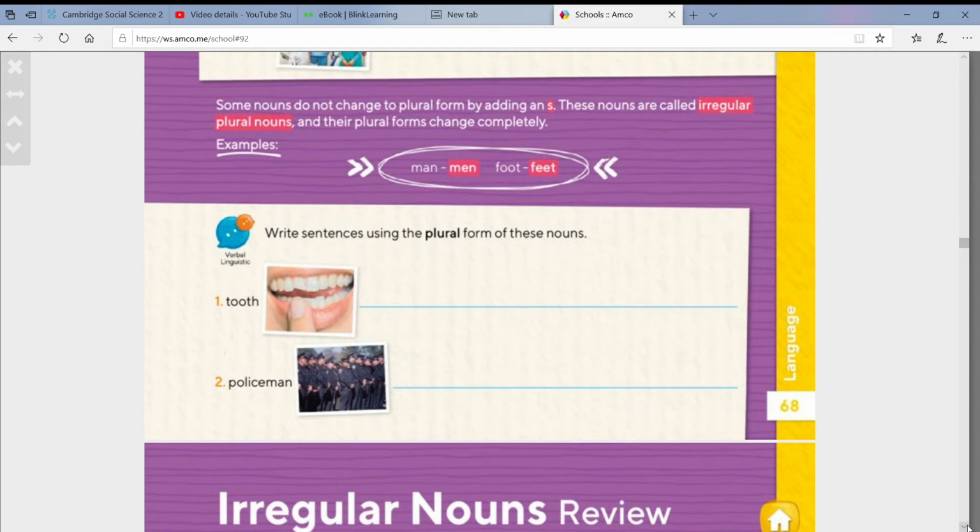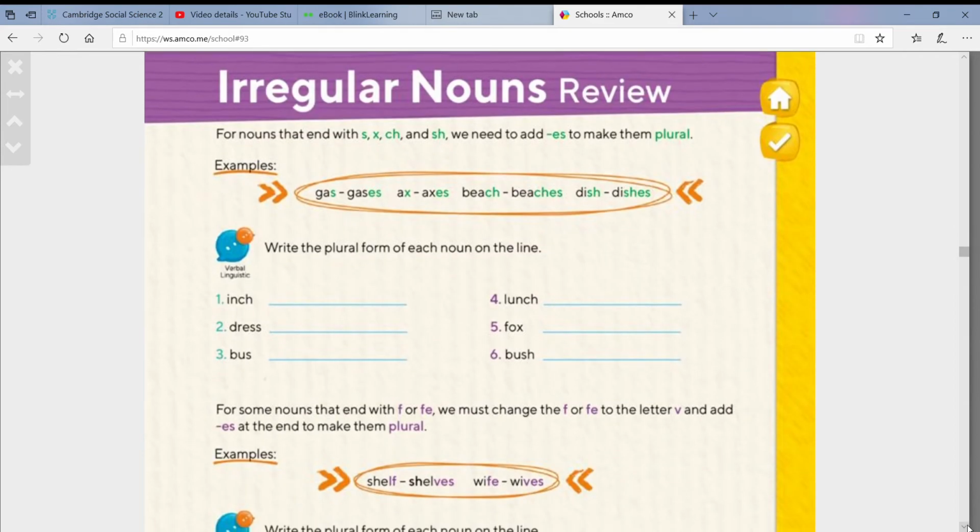Now, turn the page. Now, irregular nouns. These are very, very irregular. So let's have a look.